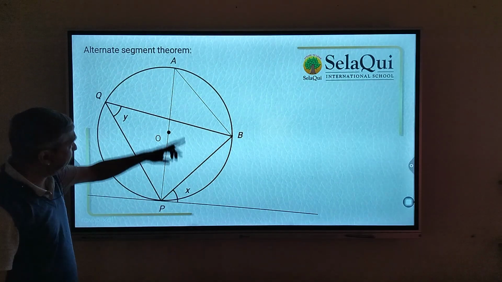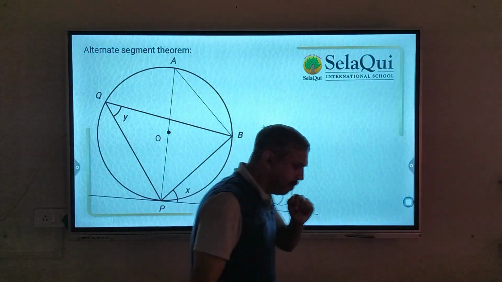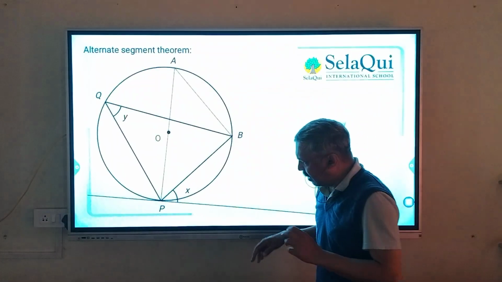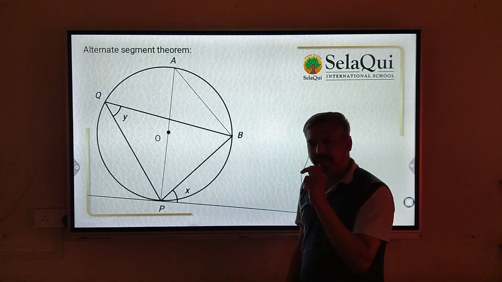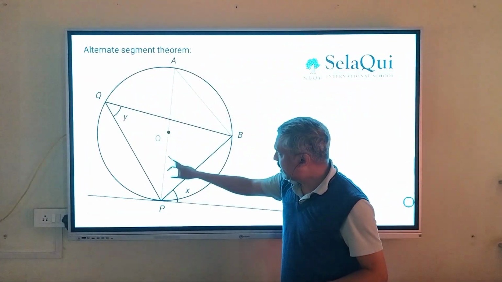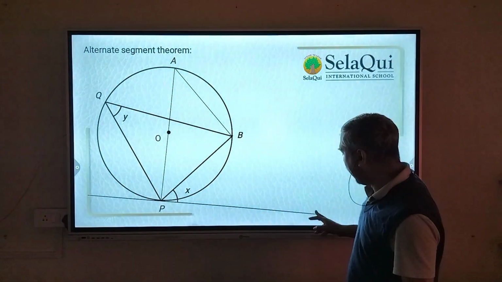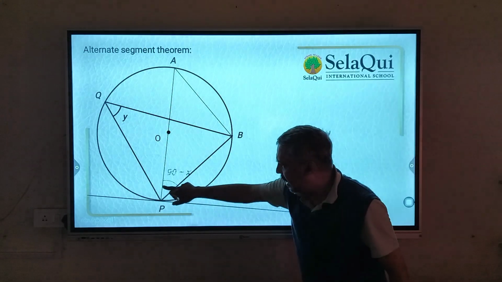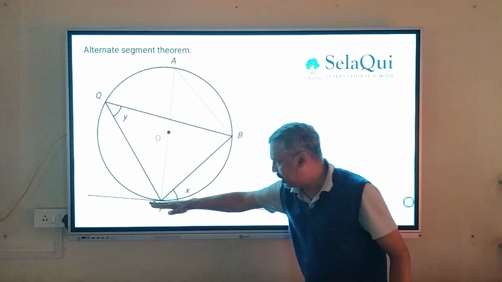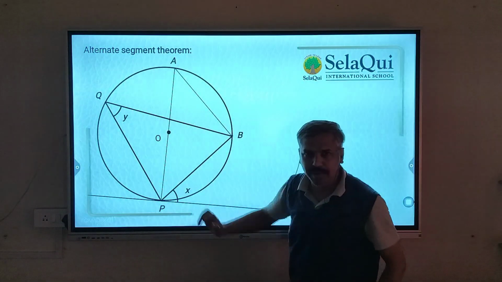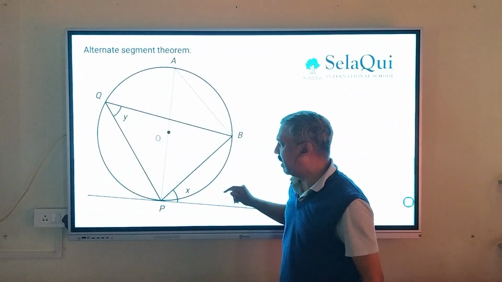If AP is diameter, very clearly, please note this, then as per the tangent and radius theorem, this entire angle OPR would be 90 degrees. This is tangent, this is radius, they are perpendicular to each other. And this entire angle is 90 degrees and this is x, so this would be 90 minus x.